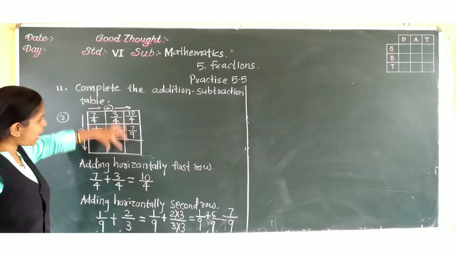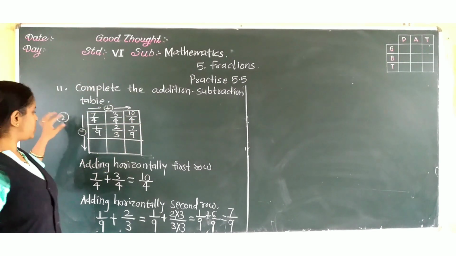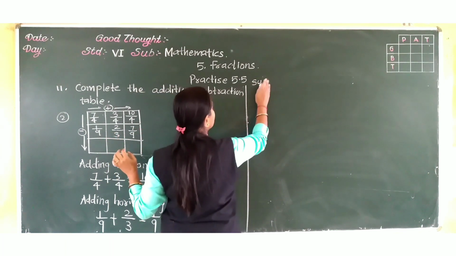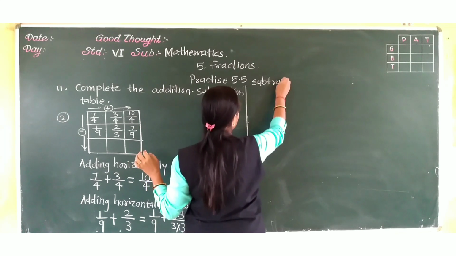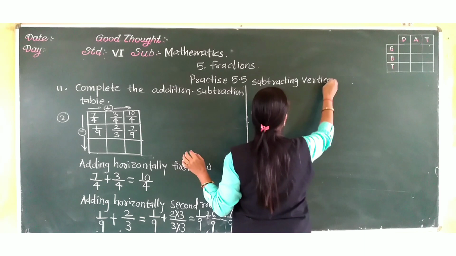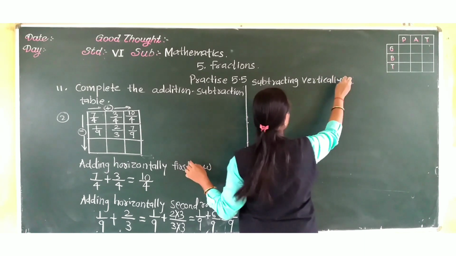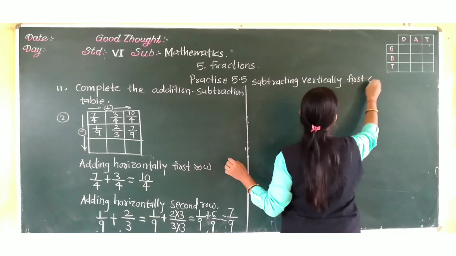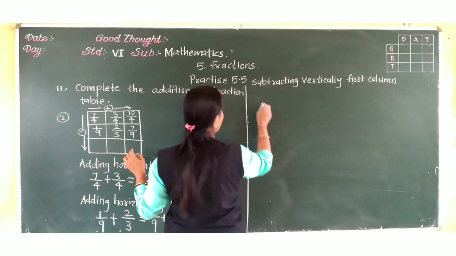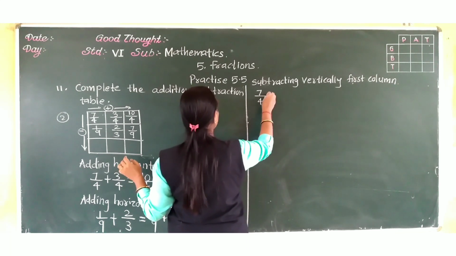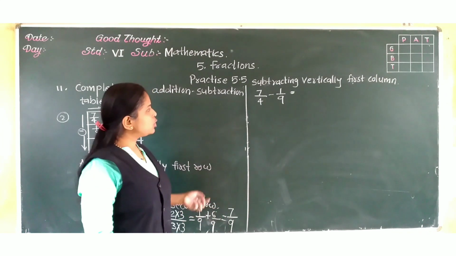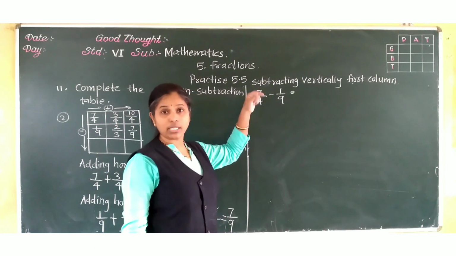Okay. Now see, addition is done. Now we have to do subtraction of the columns. So subtracting vertically, first column. That is 7 upon 4 minus 1 upon 9. Now again these are unlike fractions, so we will take the LCM. The LCM is 36.